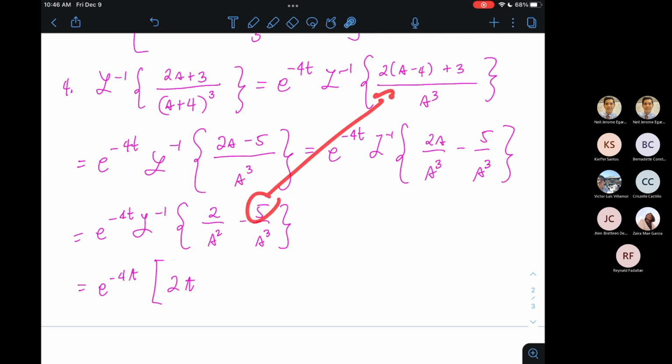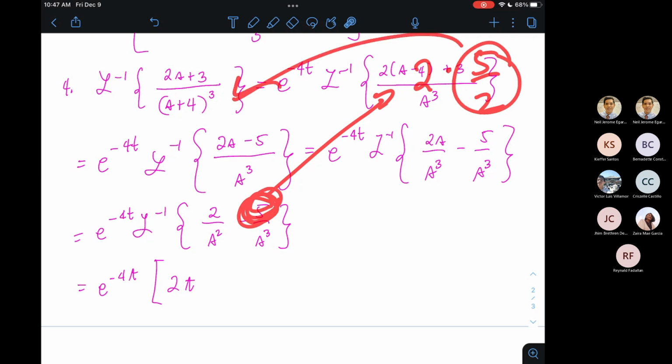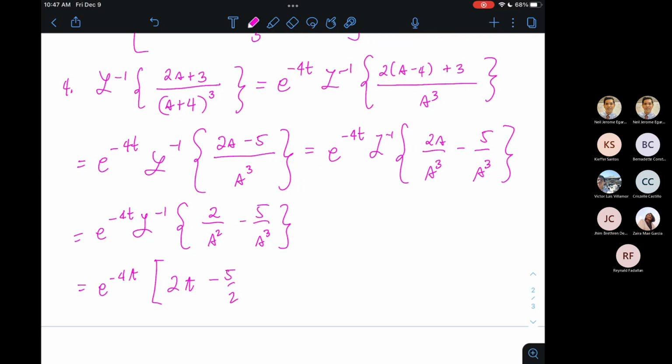Gusto ko magkaroon ako ng 2, which is 2 factorial times 5 halves. Right? Gusto ko kasi matira yung 2 dito, ilalabas ko yung 5 halves. So magkakaroon minus 5 halves. Tapos ito ay magiging inverse Laplace transform ng 2 over s cubed. And this time, this is 2 factorial. This is s to the 2 plus 1. Ang inverse Laplace transform niya ay t squared lamang. Okay?